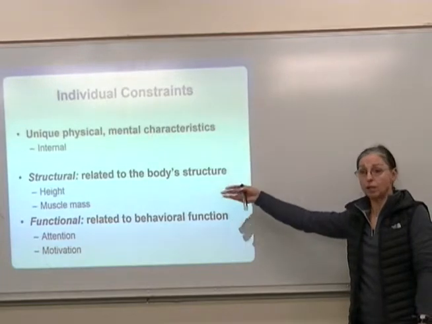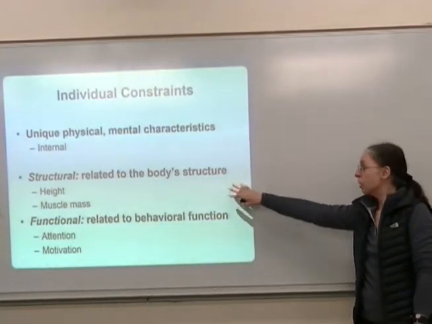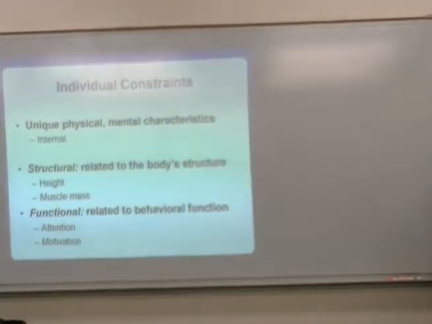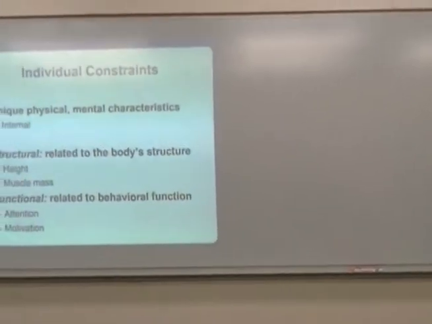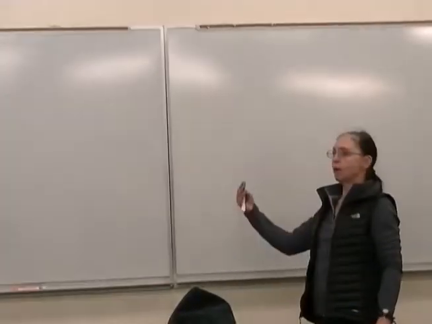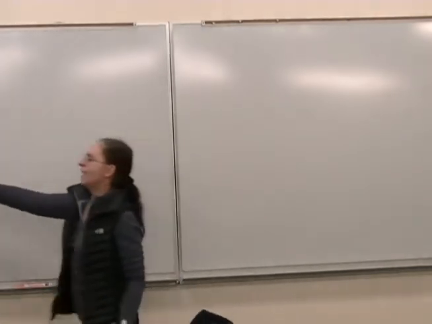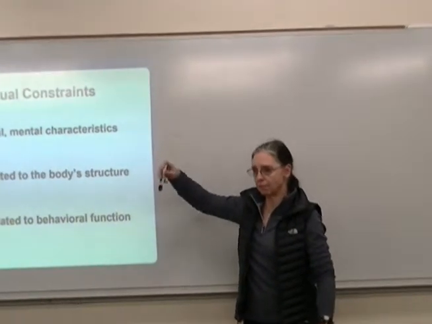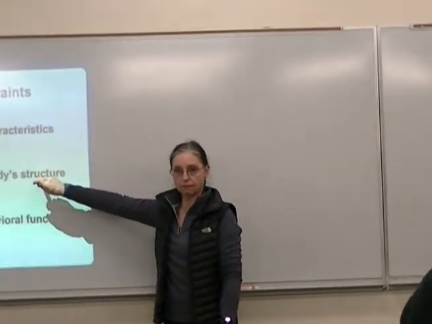Because if it's height and you're working with adults, that ain't changing, so you can't do anything with that. So changing a structural constraint can be done in certain circumstances, but it takes time to do it. So in my particular PE class today, or in my training session today with my athletes, I'm not doing anything about this that's going to impact their movement today. Make sense? Right?